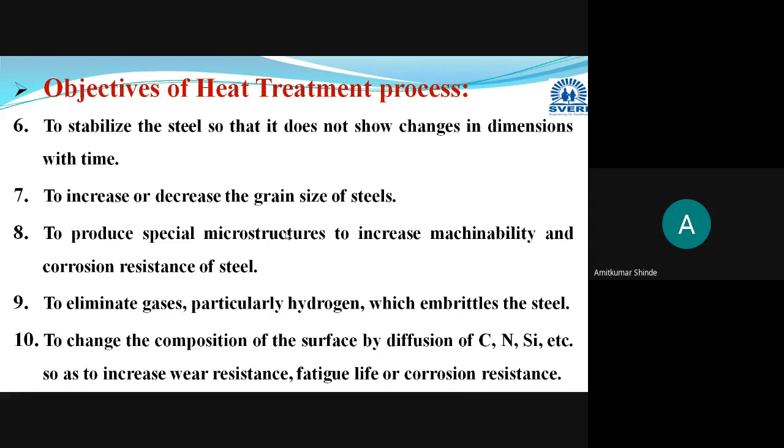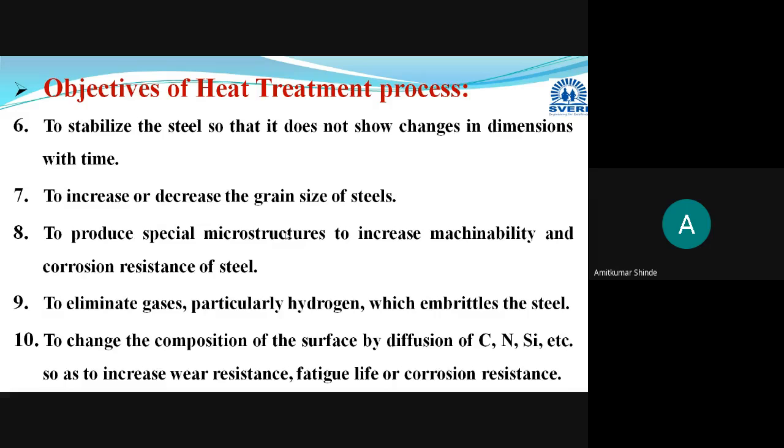And how is it achieved? By increasing hardness and wear resistance by changing the composition of the surface with the addition of carbon, nitrogen, silicon, and different elements. If you introduce these elements on the surface, its composition will change.